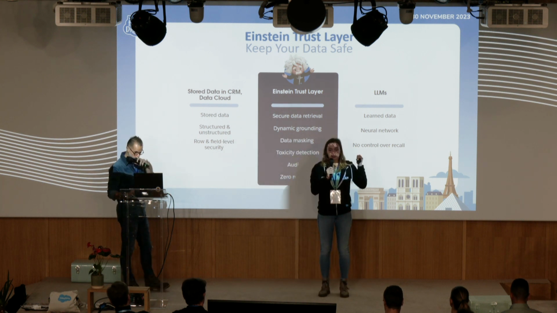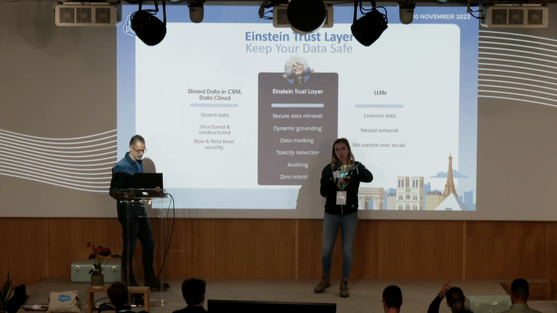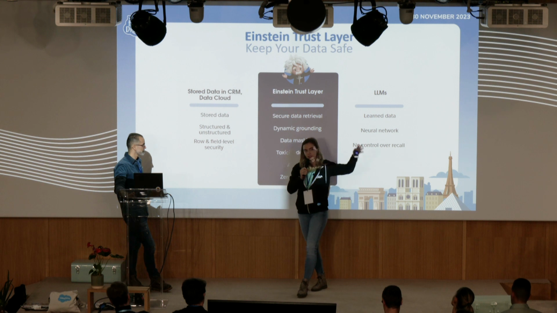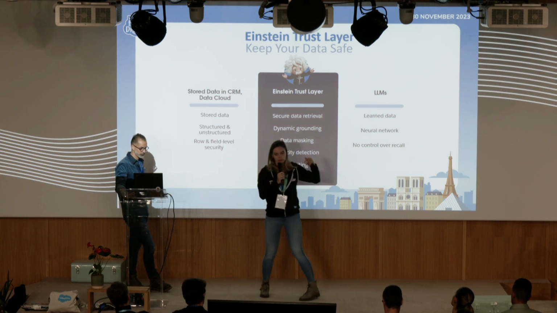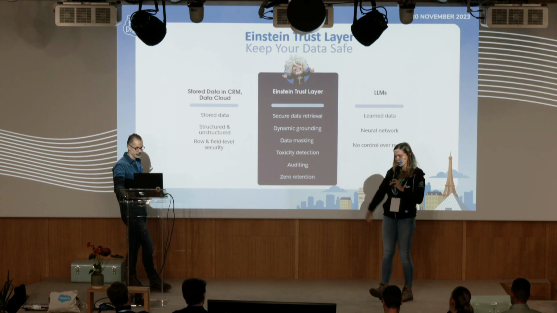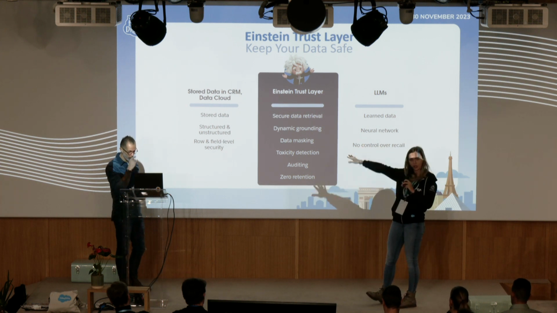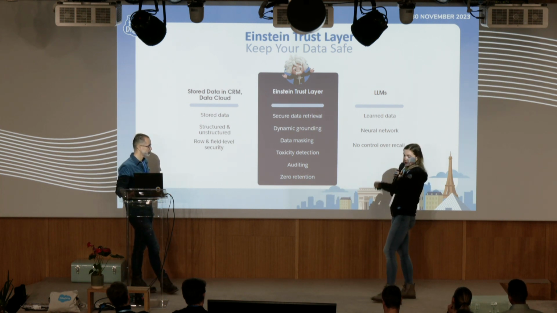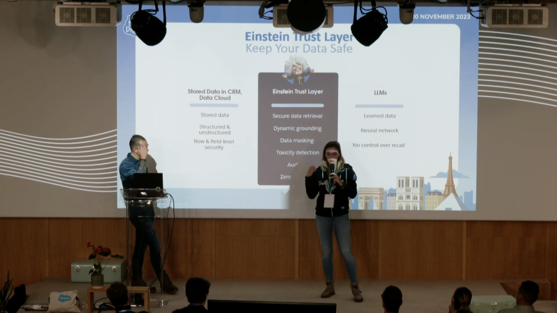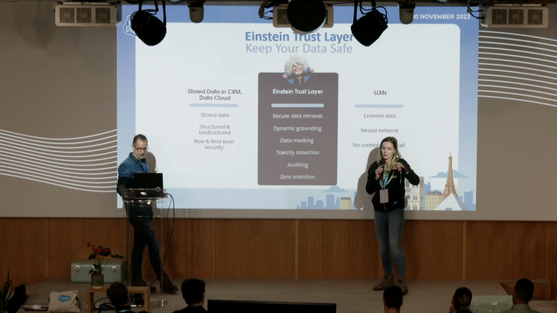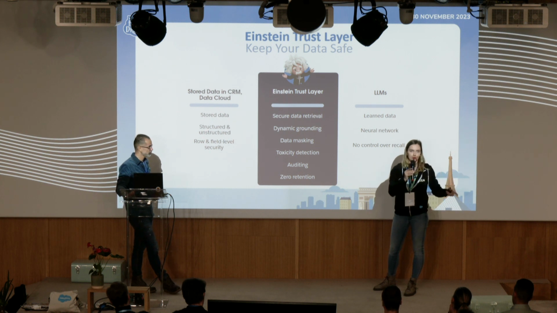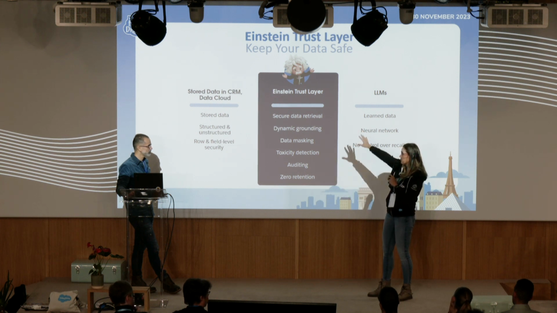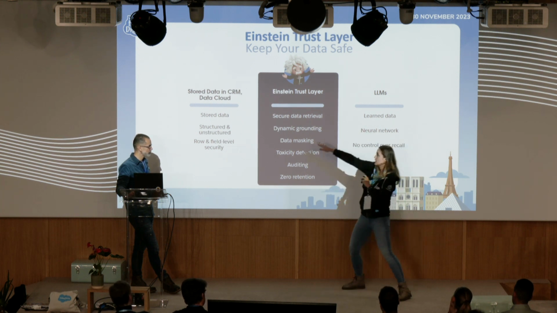So what does Einstein Trust Layer do? It's a security layer placed between you and the operation, where you place a prompt containing your data. Data can be stored in CRM, Data Cloud. We will have a further view on our next slides. It can be both structured and unstructured data. But before it goes into large language models, to actually use the power of, let's say, OpenAI ChatGPT, Einstein Trust Layer helps you to secure the data retrieval, to do dynamic grounding.